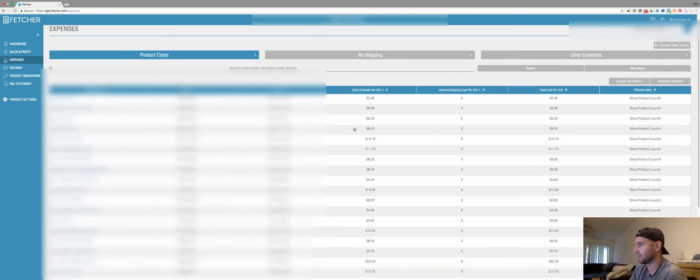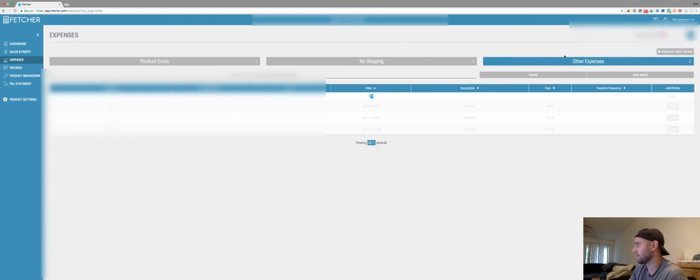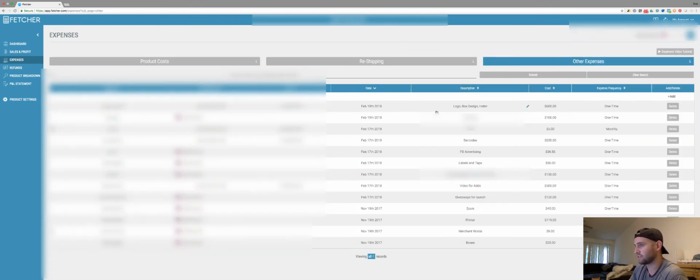That way Fetcher can update the numbers in your dashboard and in your other tabs automatically. Then if you have any other recurring costs, or if you do private label and you did professional photography, or you had a logo design or something like that, you can put that in here as well. And this is basically just non-recurring fixed costs.